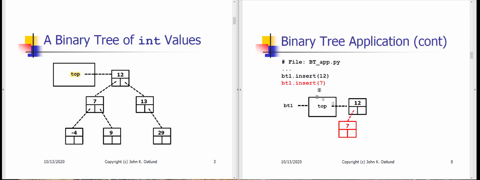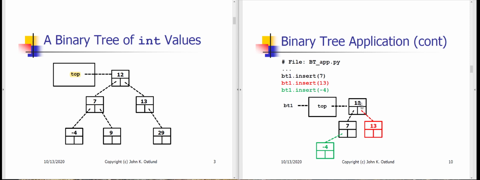And then when we insert 7, since 7 is less than 12, 7 gets created and the left child of 12 refers to 7. If we then insert 13, the right child of 12 refers to that node containing 13.